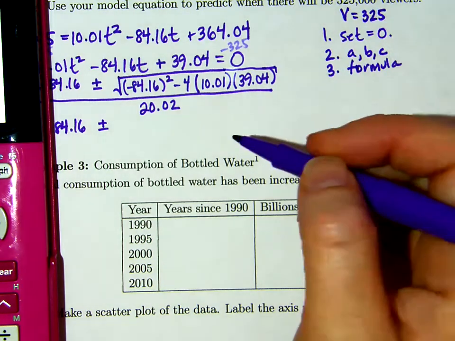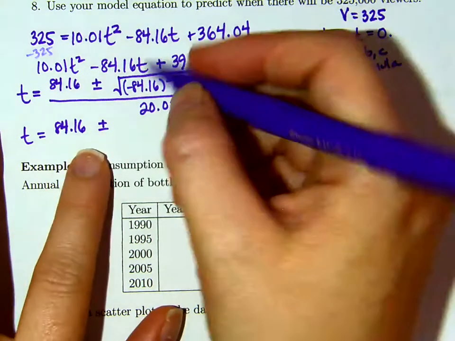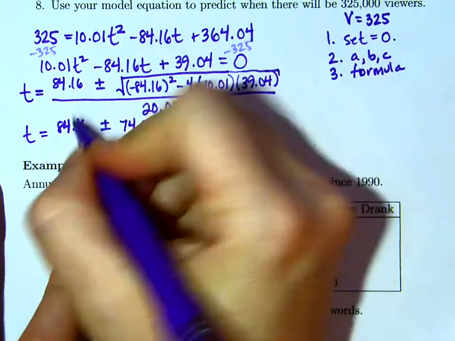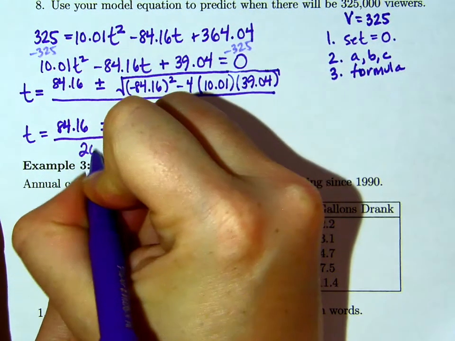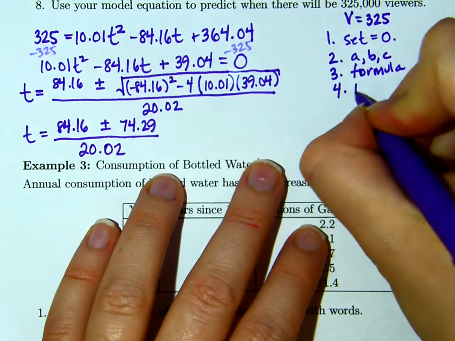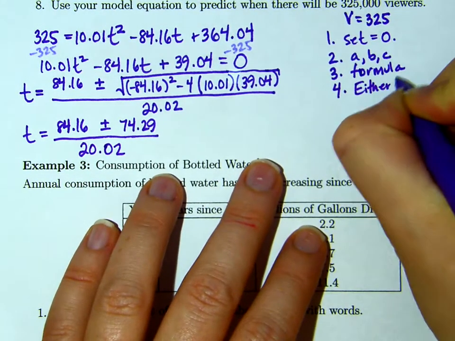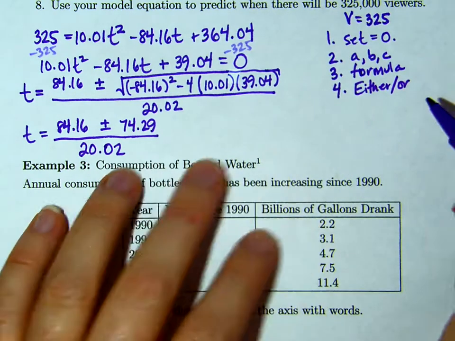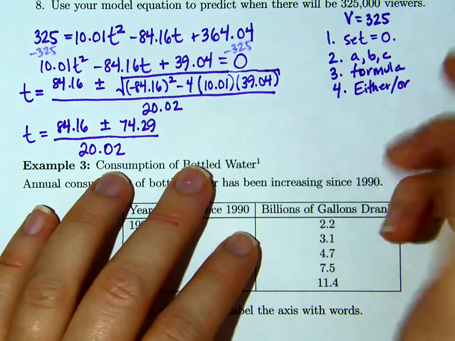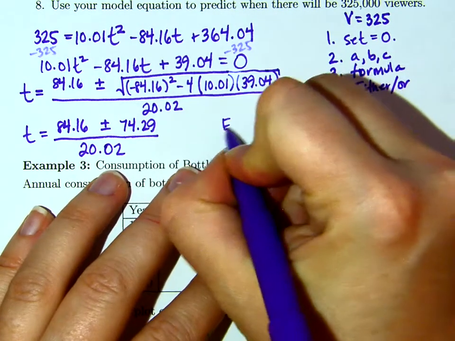I get about 74.29. Okay, and now either or. Okay, so the either or is either we're adding or we're subtracting.